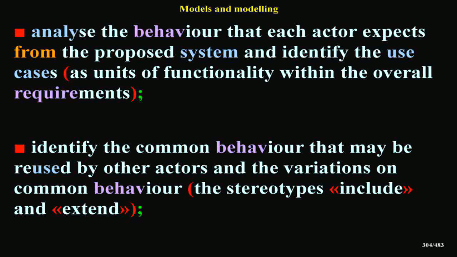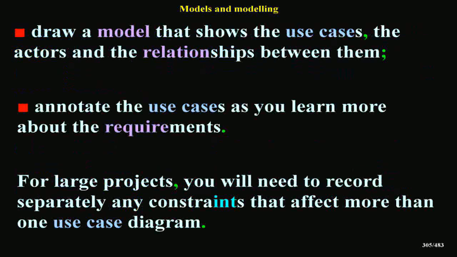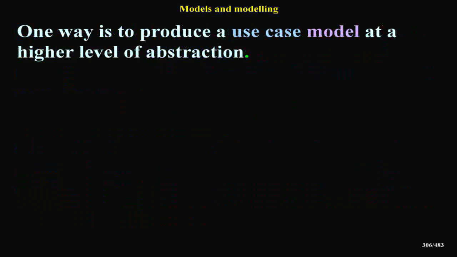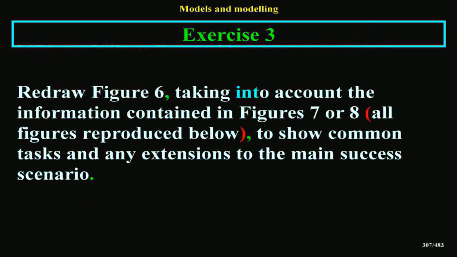Identify the common behavior that may be reused by other actors and the variations on common behavior, the stereotypes include and extend. Draw a model that shows the use cases, the actors and the relationships between them. Annotate the use cases as you learn more about the requirements. For large projects, you will need to record separately any constraints that affect more than one use case diagram. One way is to produce a use case model at a higher level of abstraction.